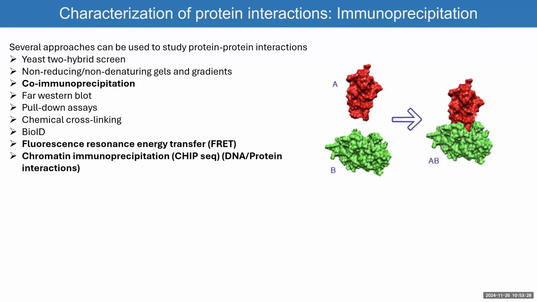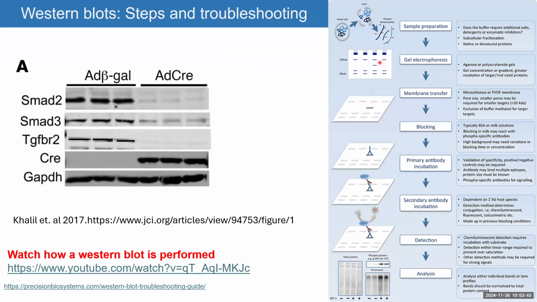If B is binding, you will bring B with you. If B is not binding, then A comes alone. It's very simple. Now, in order to get to that point, we first have to do this step, and then we have to do a Western blot. So we have to get to a condition like this.